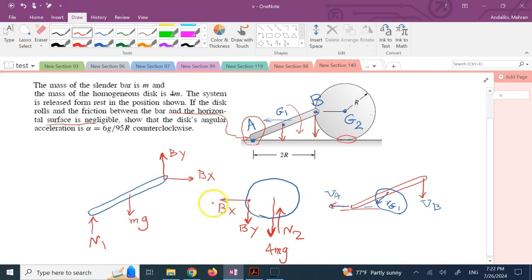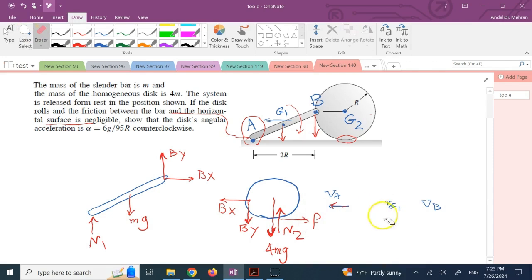And if Bx wants to pull the object this way, the friction has to stop it. The friction should not allow the object to be moved to the left. And the only answer for that is that static friction is this way, to the right, to stop the object from sliding to the left. And for that reason, the direction of friction in this case has to be to the right.